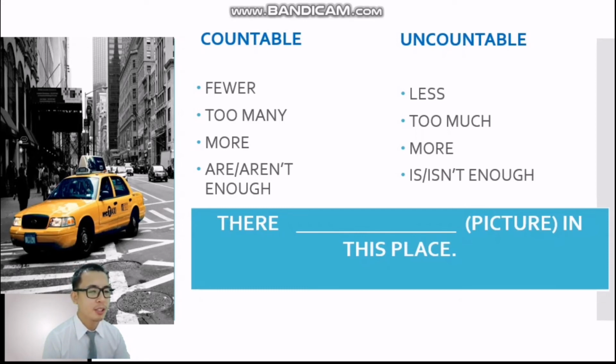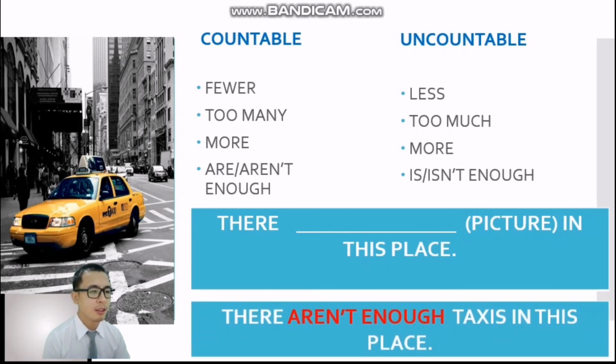If your answer is there aren't enough taxis in this place, then you are correct. Because as you can see here, there's only one taxi. So the statement is there aren't enough taxis in this place. Taxi belongs to countable noun.